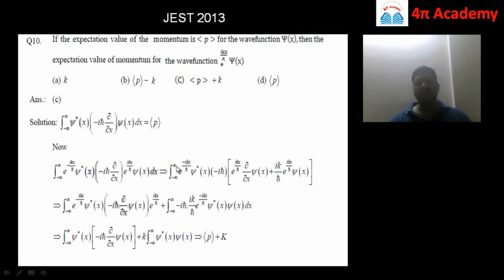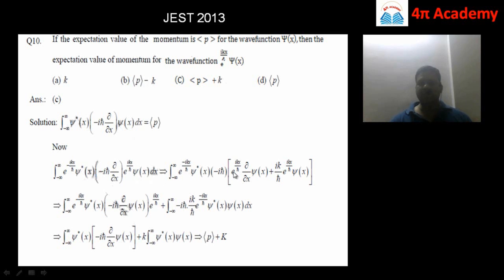So that will be equal to integration from minus infinity to infinity e raised to power minus ikx upon h cross psi star of x into minus ih cross. We kept this minus ih cross outside the bracket because it is constant, and now let us operate this del del x on this wave function, that is e raised to power ikx upon h cross into psi of x.